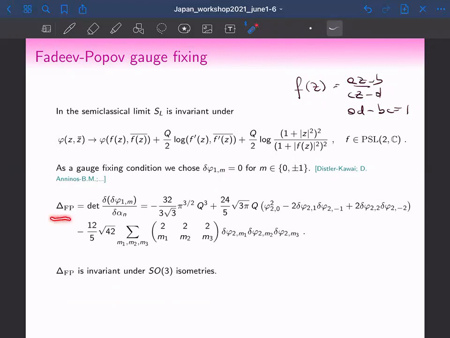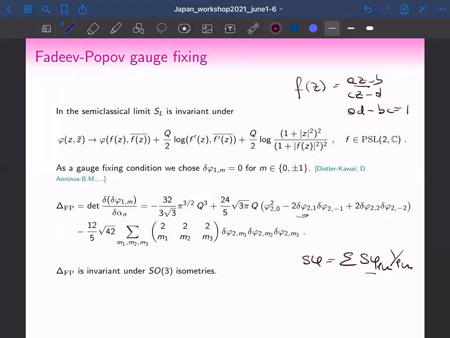And if we then do the Faddeev-Popov gauge fixing, using this constraint over here, what we find is the following quantity over here. So this object over here is like a 3J symbol. And in particular, of course, the Faddeev-Popov determinant is manifestly invariant under SO3 and the SO3 symmetries. And maybe I remind you, we've been expanding delta phi in this basis of spherical harmonics.